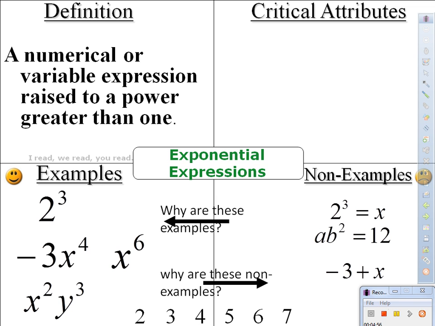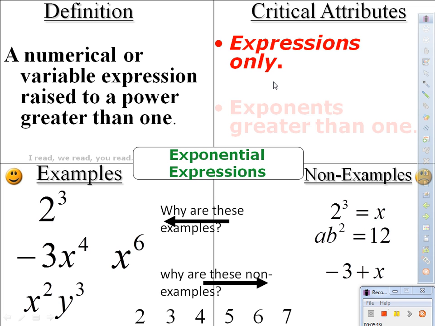Think about it first. All right, talk it over with your neighbor. So yes, the critical attributes for exponential expressions is that they have to be expressions only. Is that correct? And the exponent has to be what? Greater than 1. Okay?